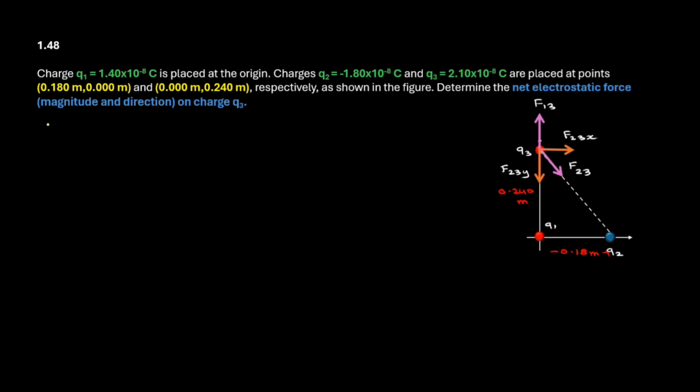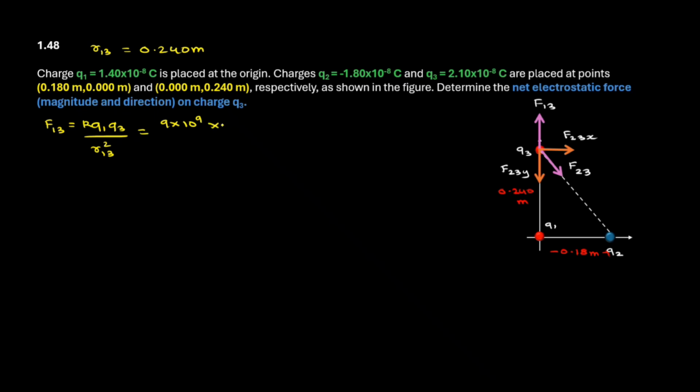We will first begin with F13. I will write F13 as K Q1 Q3 over R13 squared. R13 is the distance between charge Q1 and Q3, which is 0.240 meter. Now let's substitute. K is 9 times 10 to the power 9.